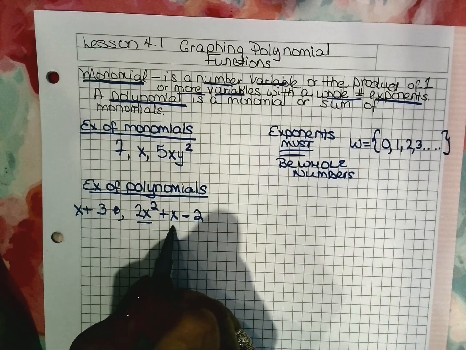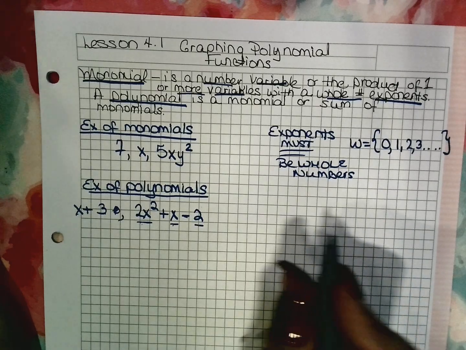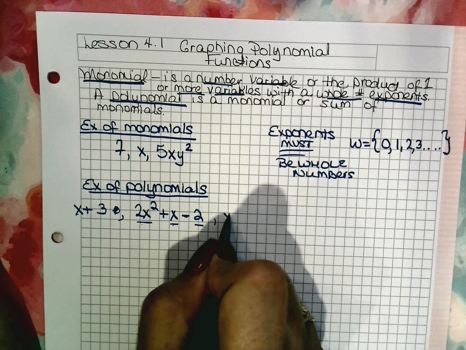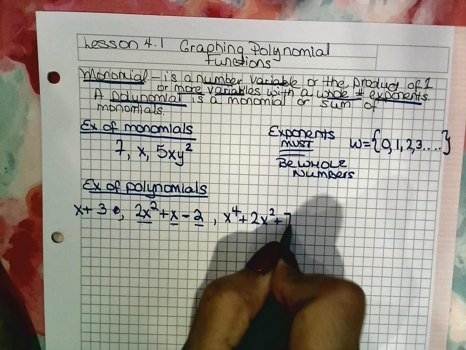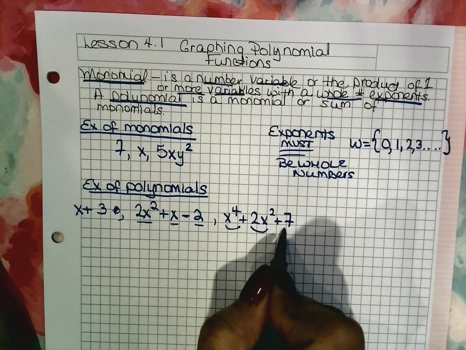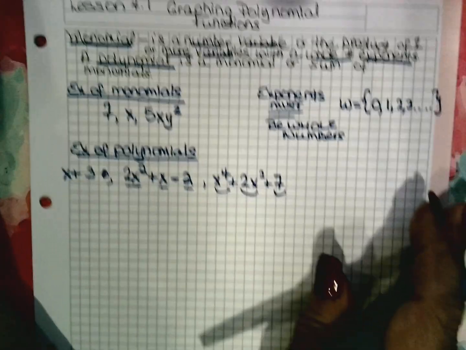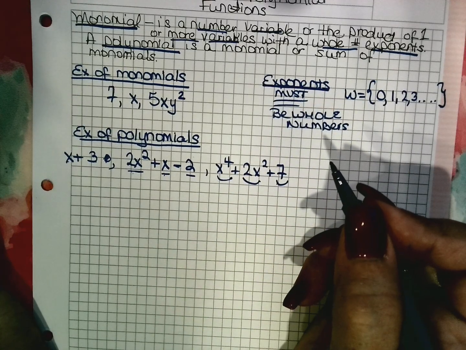This is a monomial, this is a monomial, and this is a monomial. Okay? Something like x to the 4th plus 2x squared plus 7. That's also a polynomial. This is a monomial, monomial, monomial. All right? So remember, your exponents must be whole numbers.